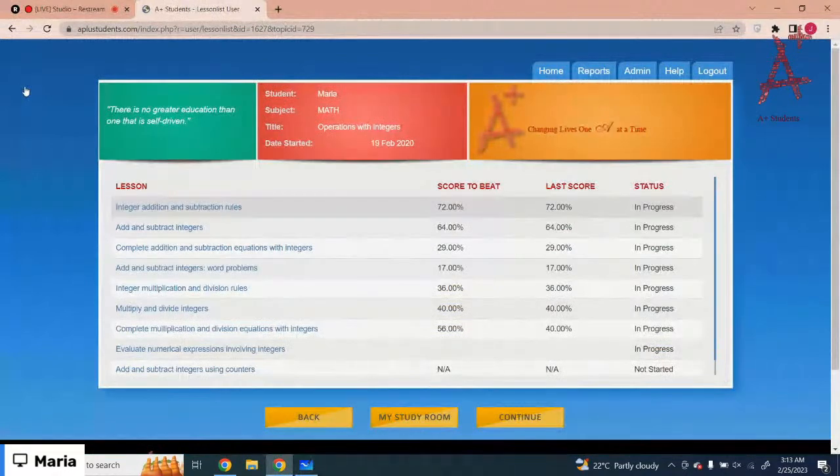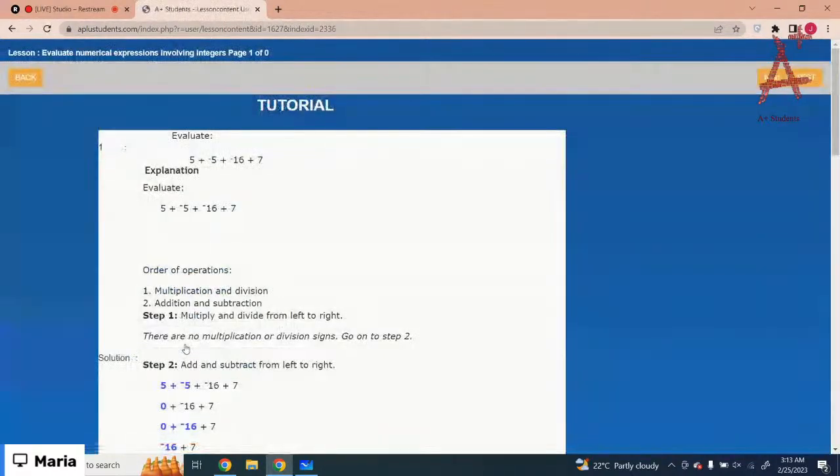And the next lesson is evaluate numerical expressions involving integers. Okay, let's start with the first one: 5 plus -5 plus -16 plus 7. So you have more than one operation in an expression. Let's start with the first part, 5 plus -5.